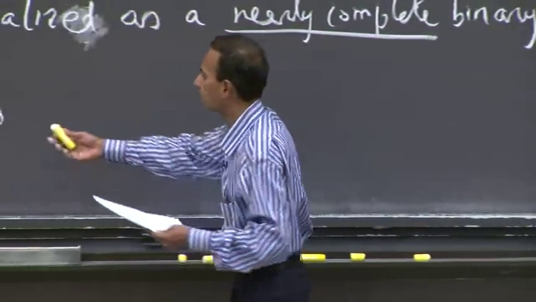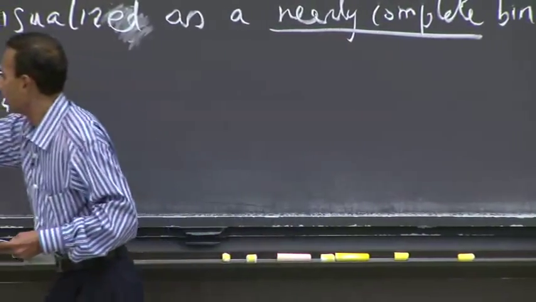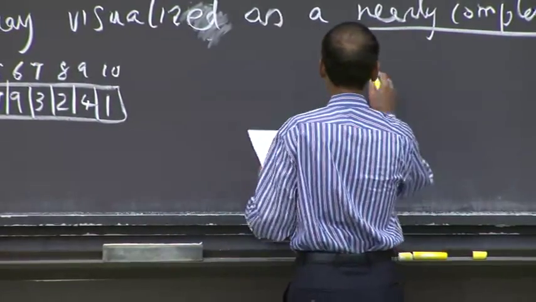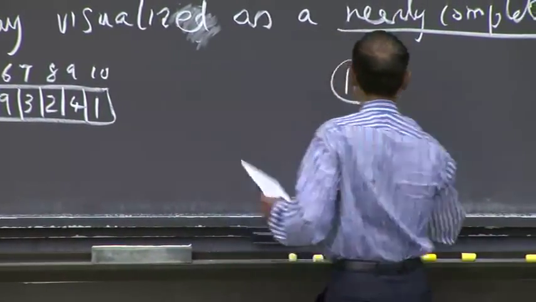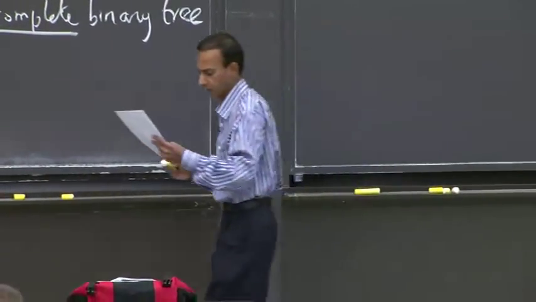So what does it mean to visualize this as a tree? Well, index 1 is the root of the tree, and that's the item with the value 16.